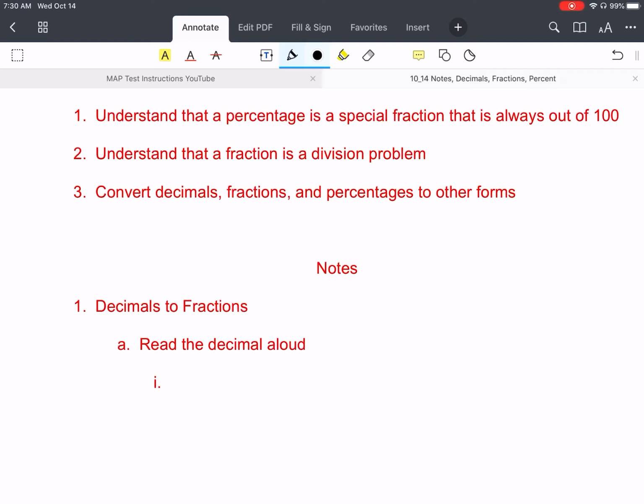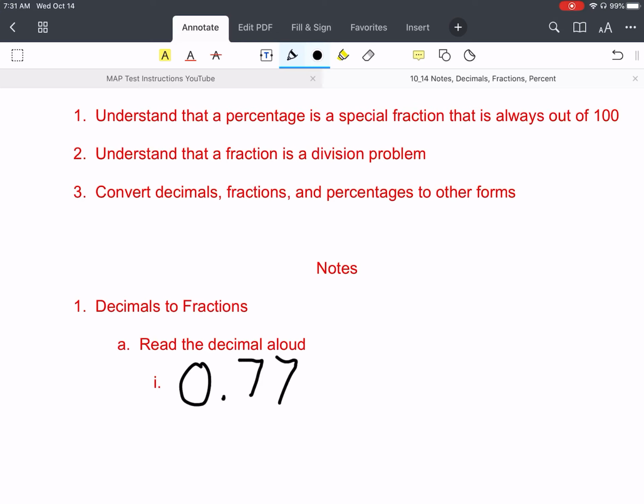So if we have, let's say, a number like this, instead of reading it like 0.77, like we do a lot of times just to make things easier, we're going to need to read it with proper place value.